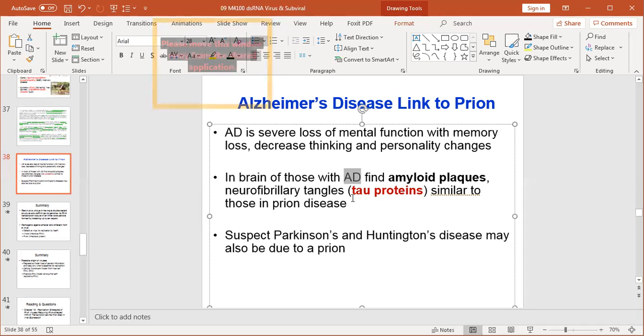Therefore, scientists suspect, because of this link between Alzheimer's disease and prions, that other brain diseases such as Parkinson's and Huntington's disease may also be due to an infection by a prion.